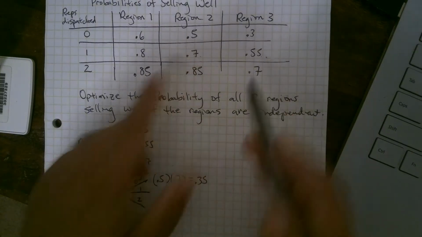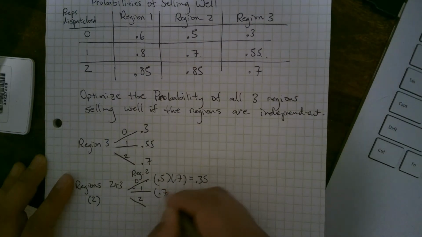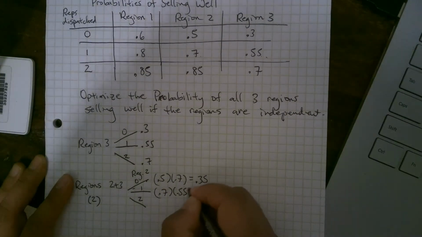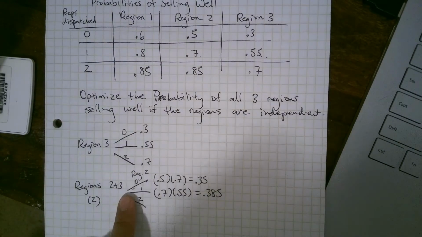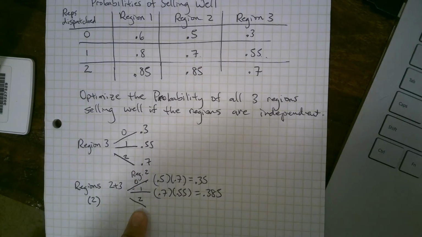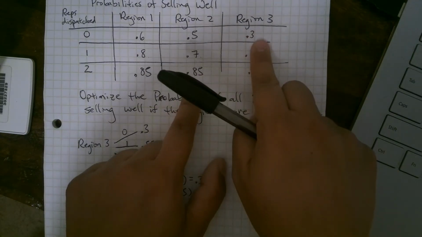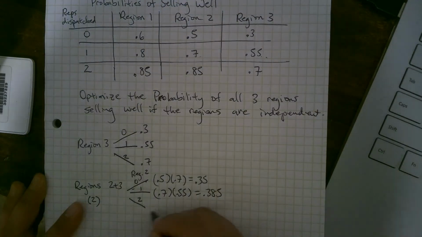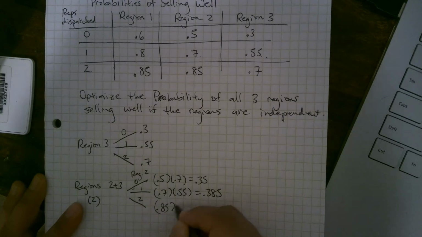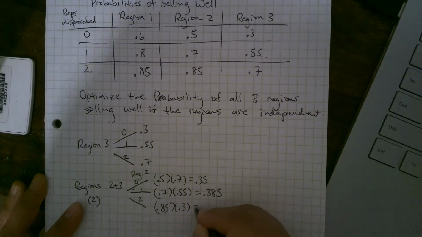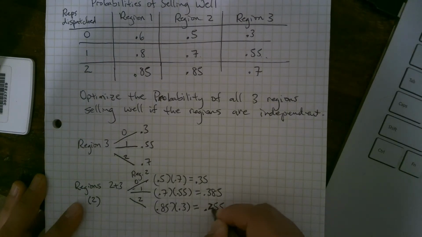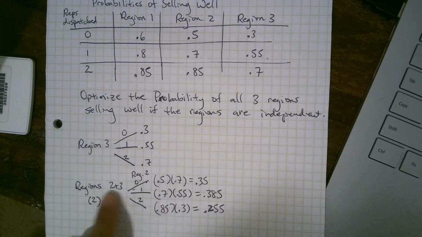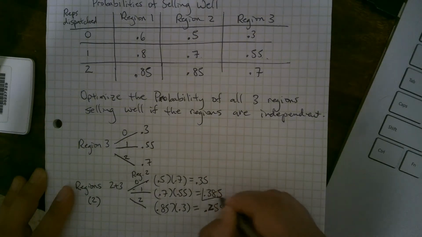So that's going to be 0.7 times 0.55, which is 0.385. And finally, if I dispatch 2 reps to region 2, I must dispatch 0 reps to region 3. So I'm multiplying those 2 probabilities. 0.85 times 0.3 is 0.255. So the best I can do if I distribute 2 reps amongst regions 2 and 3 is 0.385.